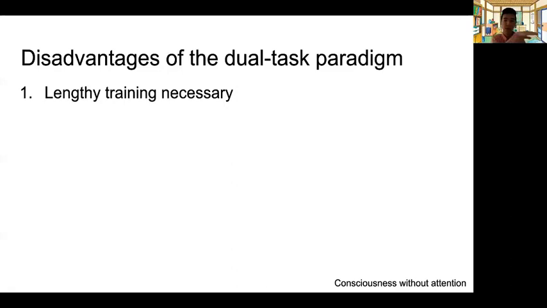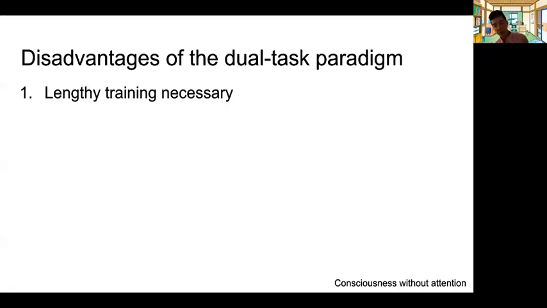However, to get to this stable level, previous dual task paradigms have used something like 10 or 12 hours of training, because even within one hour of training, people do improve. It's called perceptual learning.